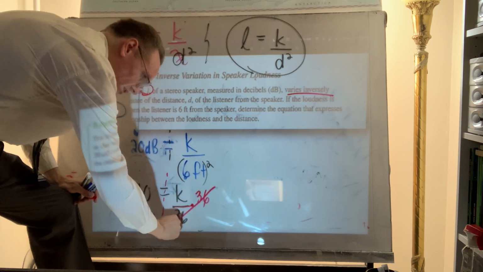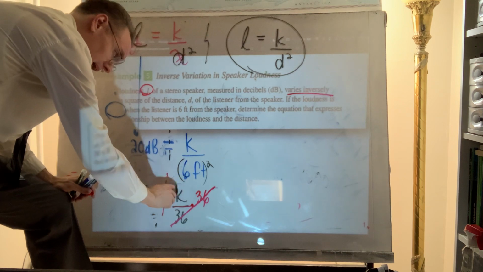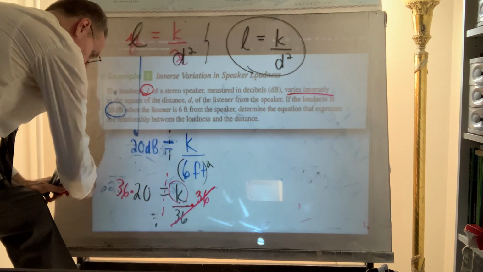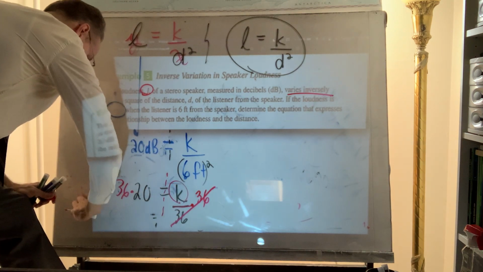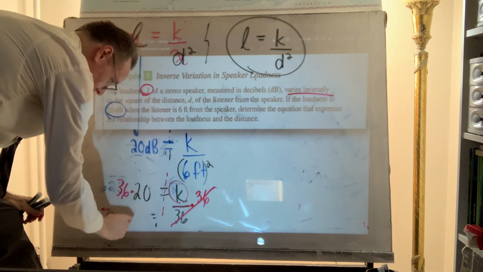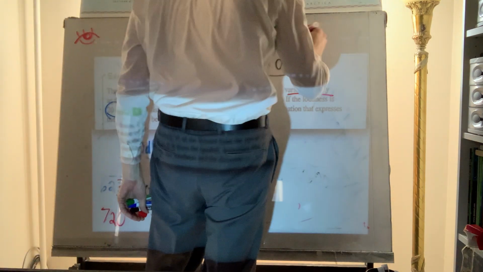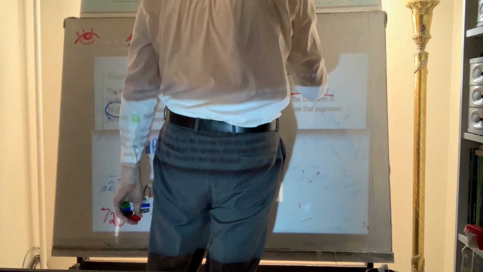So there'll be a cancellation effect by design every single time, leaving you with k, and then that will equal whatever the outcome is on the opposite side. 36 times 2 is 72, and then add a 0 to it. So we have a proportionality constant of 720.